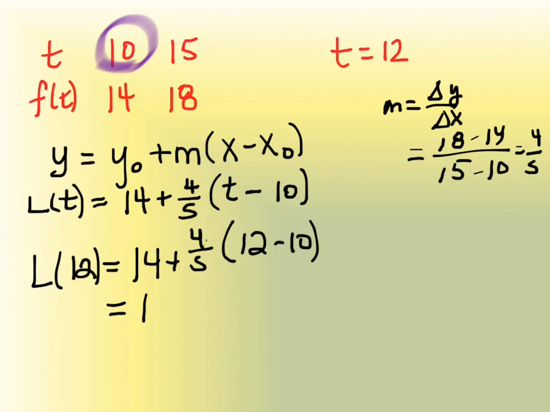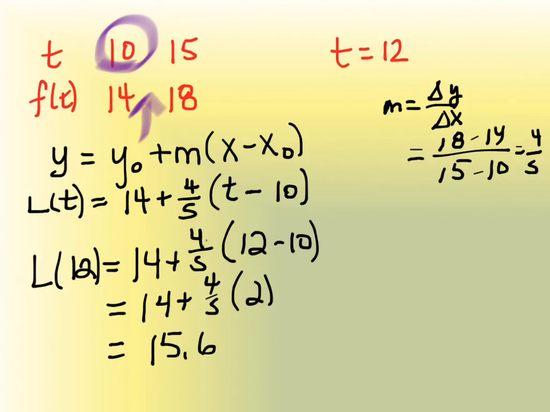So we have 14 plus 4/5 times 2, which gives me 15.6. And again, notice just like on the last one, that 15.6 is in fact between 14 and 18, just like t equal to 12 is between 10 and 15. So we end up with this as our linear approximation at 12.